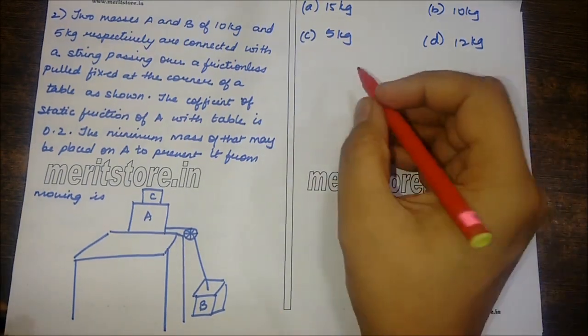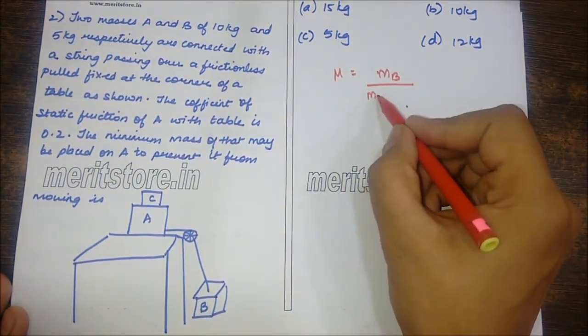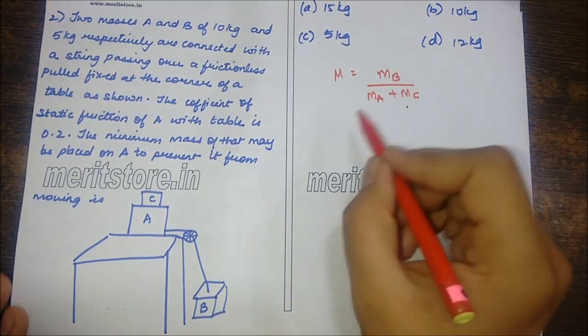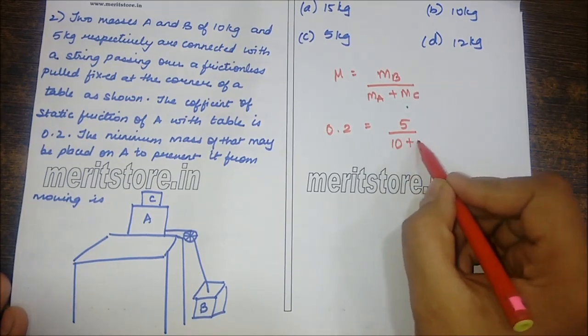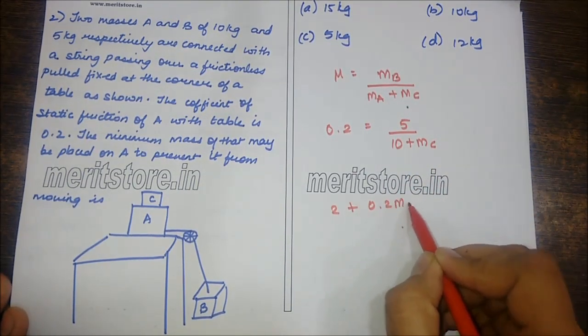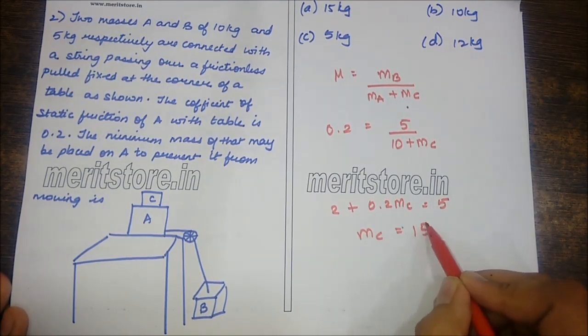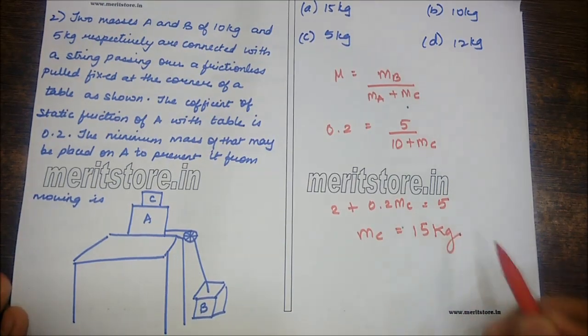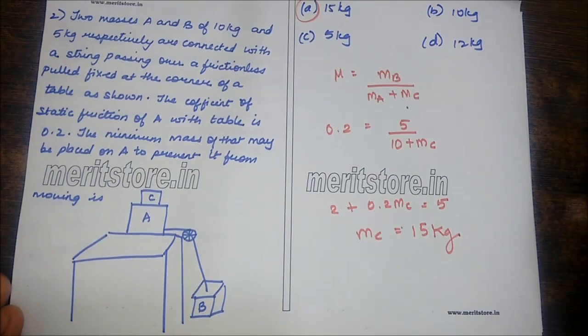For limiting condition, mu is equal to mB upon mA plus mC, which is 0.2 is equal to 5 upon 10 plus mC. 2 plus 0.2 mC is equal to 5. Value for mC is equal to 15 kg. So option A, 15 kg is the correct answer.